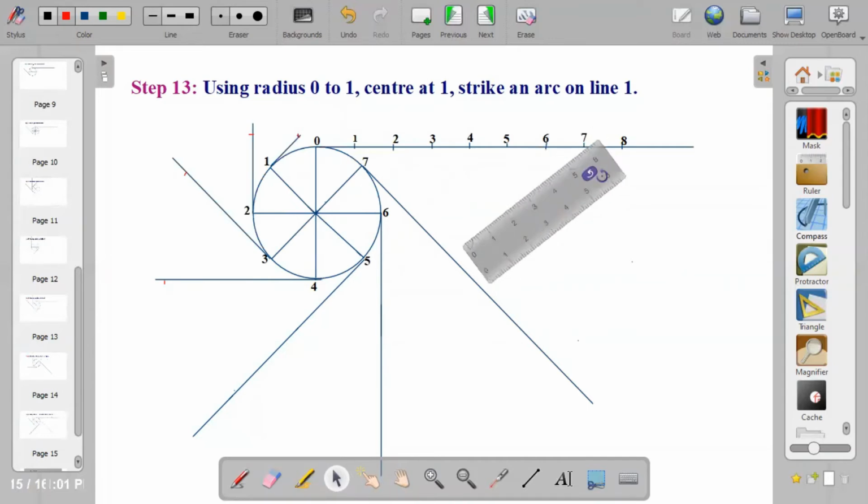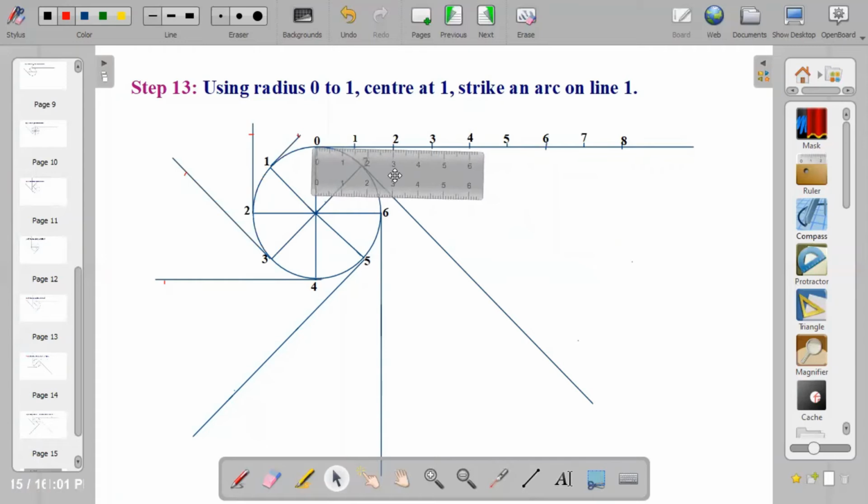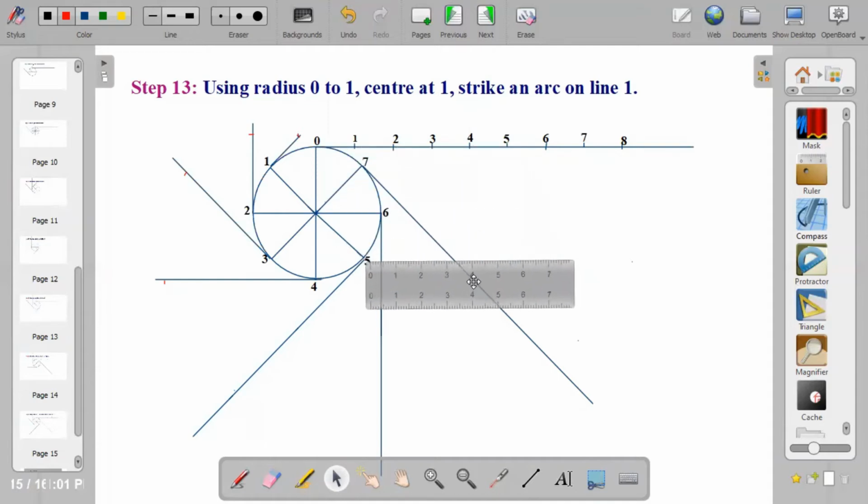division 5. 0 to division 5. So I'm taking my measurements from 0 to division 5. 0 to division 5, I have 7.5.